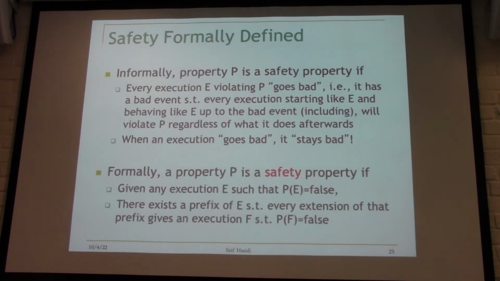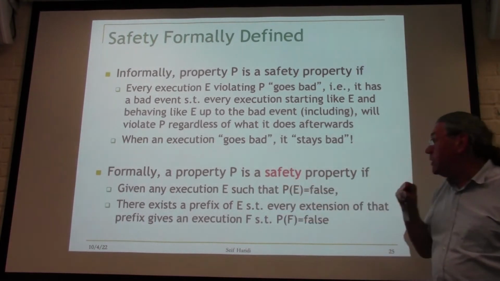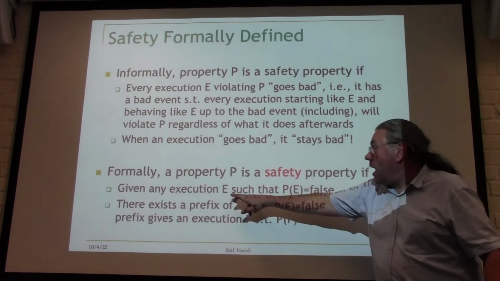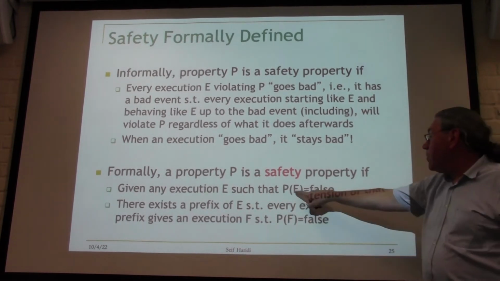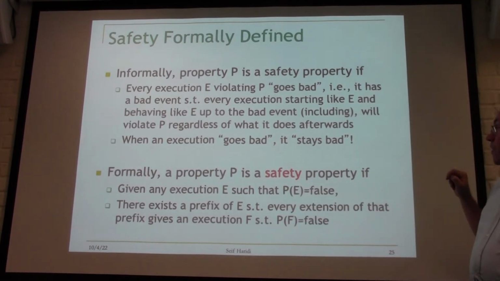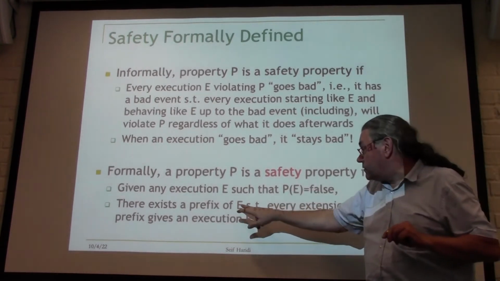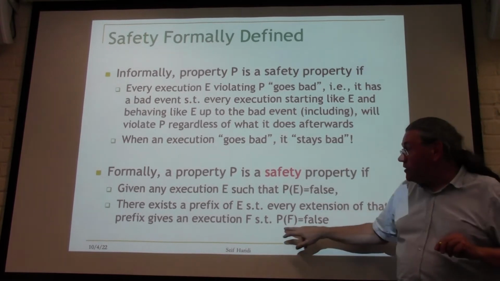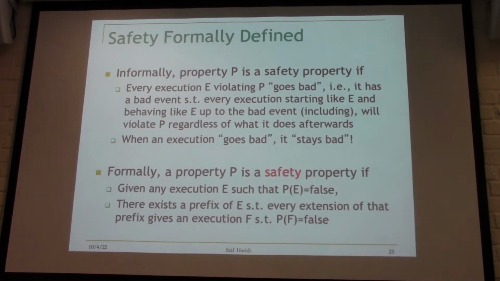Formally, it's like this. A property is a safety property if, given any execution E where the property is false, so it's unsafe, then there exists a prefix such that every extension of that prefix is also false. So it actually goes bad inside the prefix. A safety property means that there is a place where it goes bad and it stays bad.